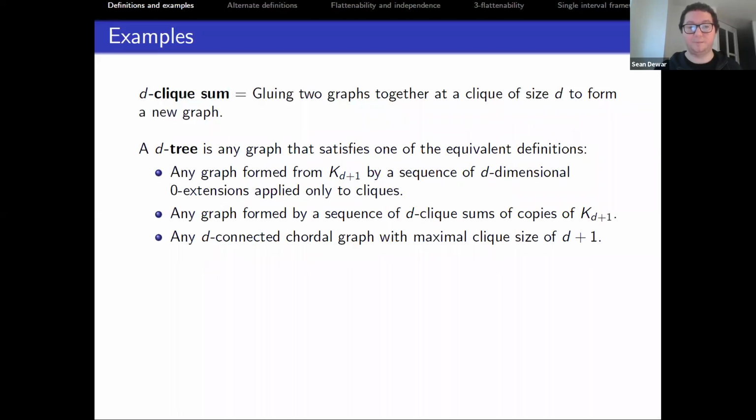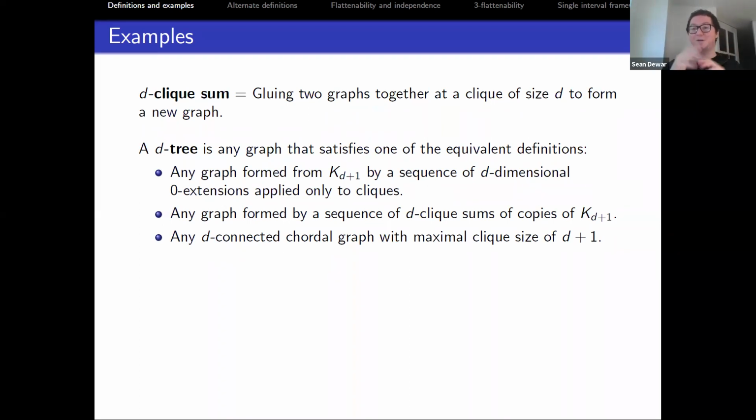A D-tree has a few different definitions, which is why they're quite nice graphs. The one that we're most likely to use is, well, this second one actually. So any graph that can be formed from K_{D+1}, where you do a sequence of d-dimensional zero extensions, but you're only doing the zero extension at cliques.